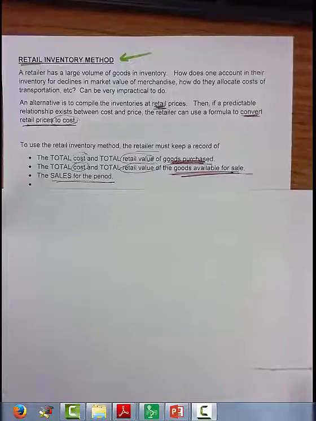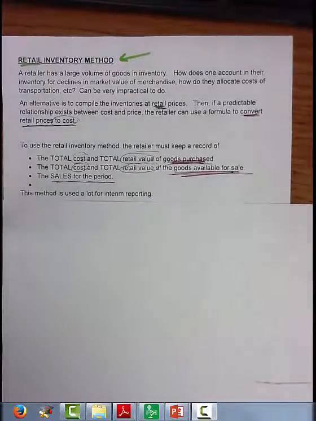Now, this method is used a lot for interim reporting, kind of like the gross profit method we talked about before. One of the huge advantages is that you can approximate your ending inventory and know your inventory balance for interim reporting without doing a physical count.